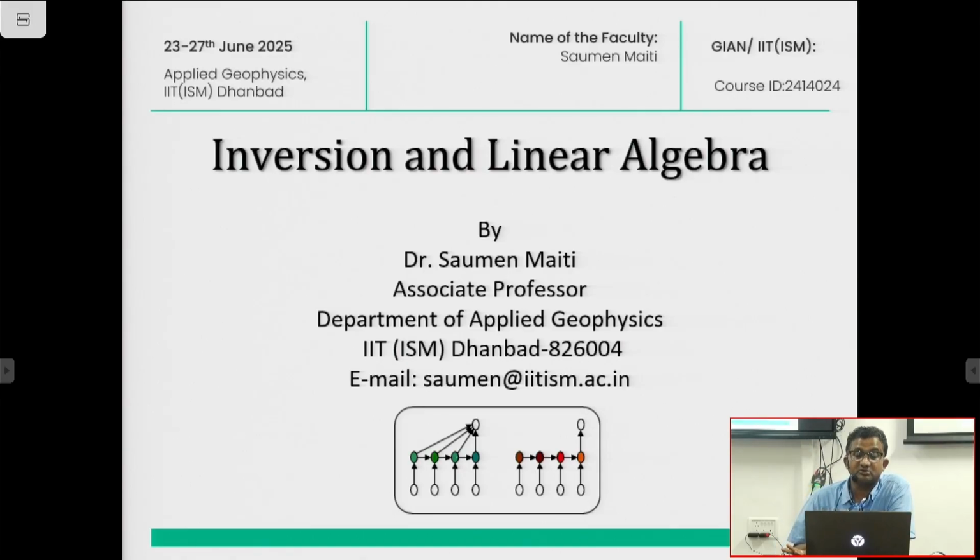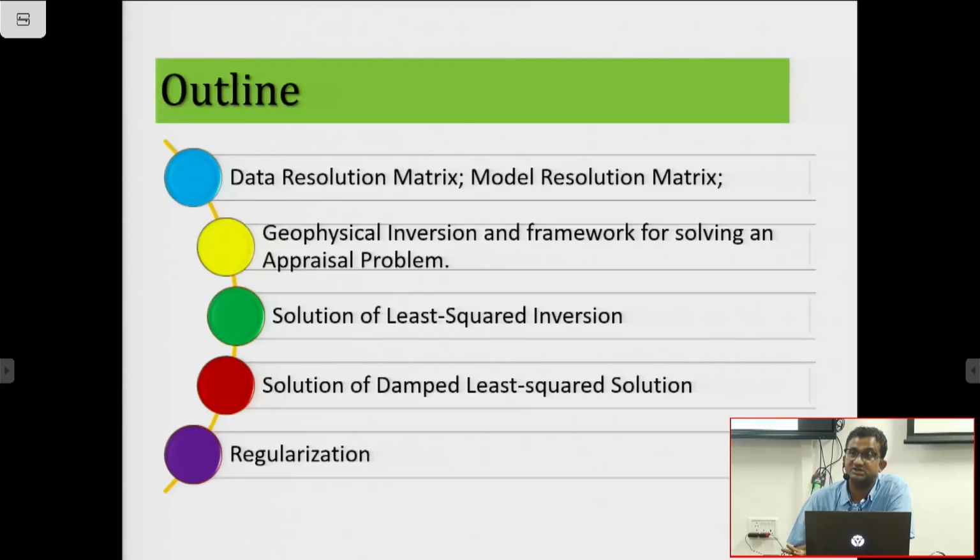Here we talk about resolutions, because when we solve these inverse problems, there are a lot of uncertainties associated with them: data uncertainty, model resolution, model uncertainty, and what is attached to them. It is a type of appraisal problem.